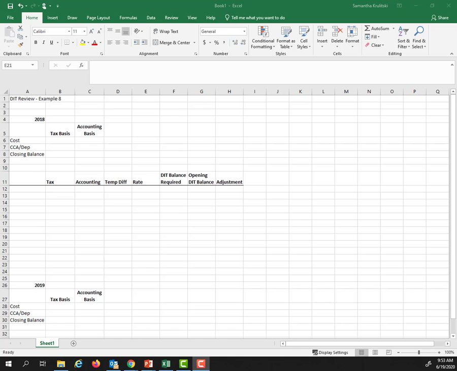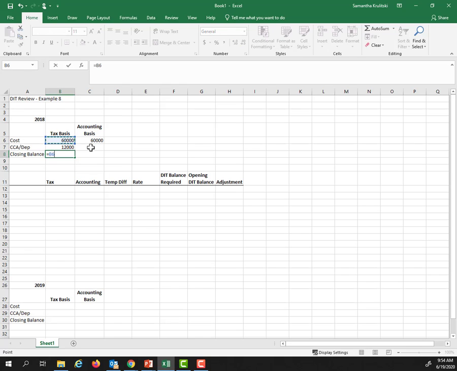So let's get started. You can see I've got our template set up. This should look familiar. Here we're just going to calculate our closing balance. In 2018, we purchased this equipment, so our cost was $60,000 under both the tax and the accounting basis. For CCA, we're calculating at 20% of that balance.